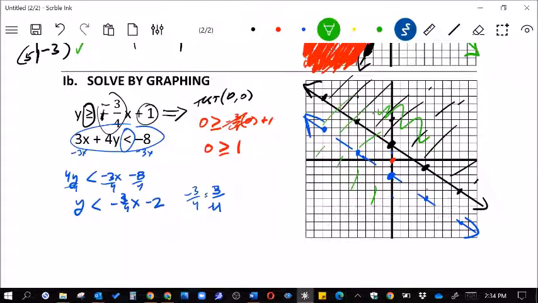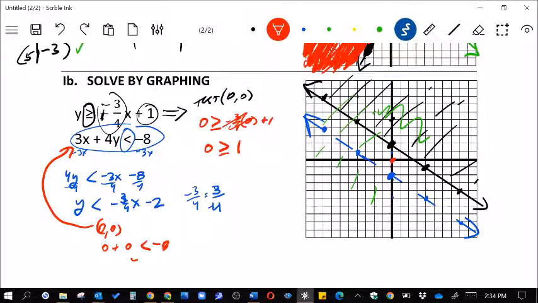So let's figure out. We can use 0, 0 again. So we'll test 0, 0, and we'll test it on that one. So 3 times 0 plus 4 times 0 less than or equal to negative 8. So 0 less than negative 8.